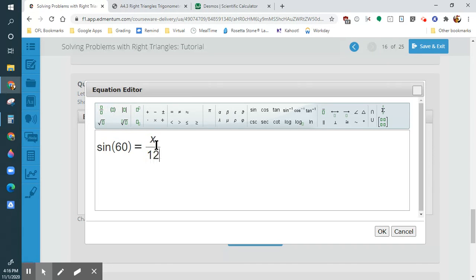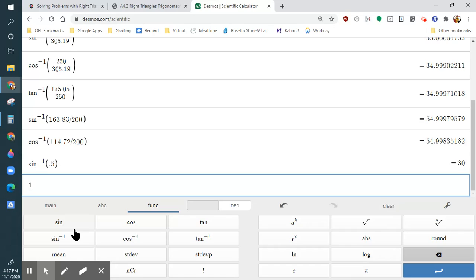Another way of writing this is 120 times sine of 60. Let's say x equals that. Here's my calculator, 120 times sine of 30?